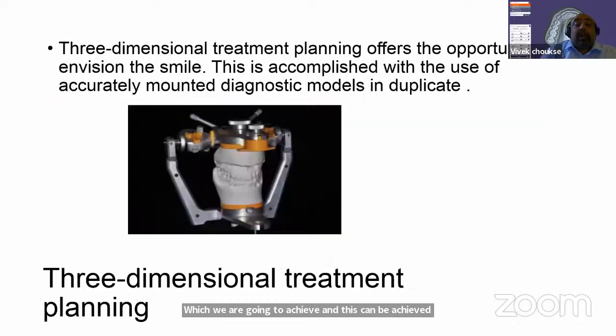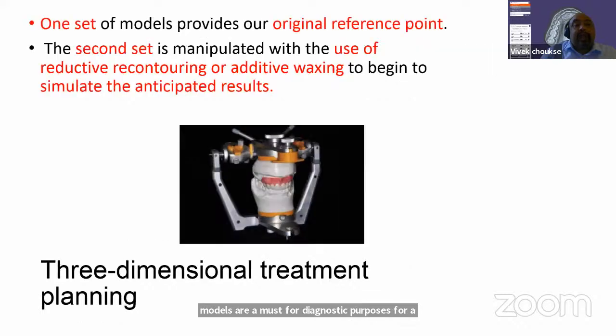Mounted models are a must for diagnostic purposes, for 3D treatment planning, and there should be a second set of the models which should be reference points all the time, which we can revisit and see from where we started and what we want to achieve.